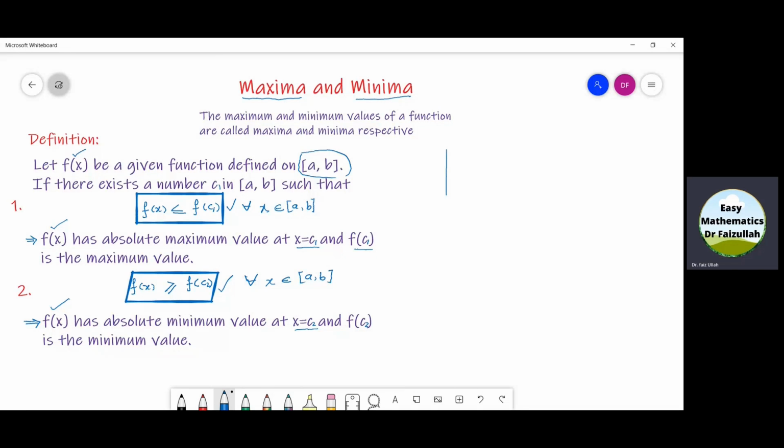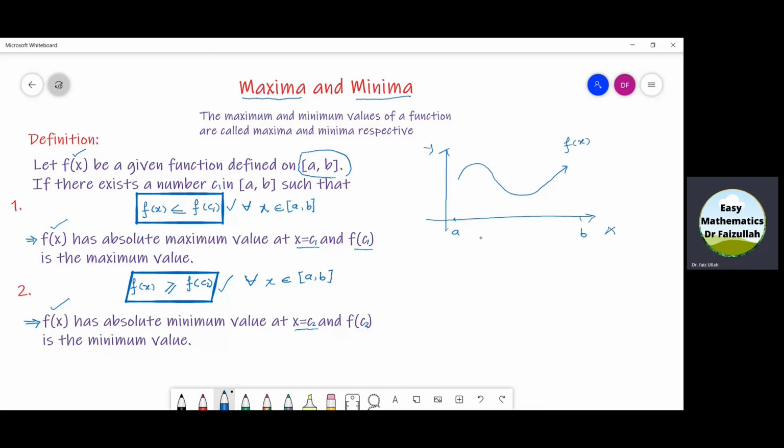Let us see the graph of a function. This one is x-axis and this one is y-axis, and let us say this is the graph of some function f of x which is defined in the interval a comma b.